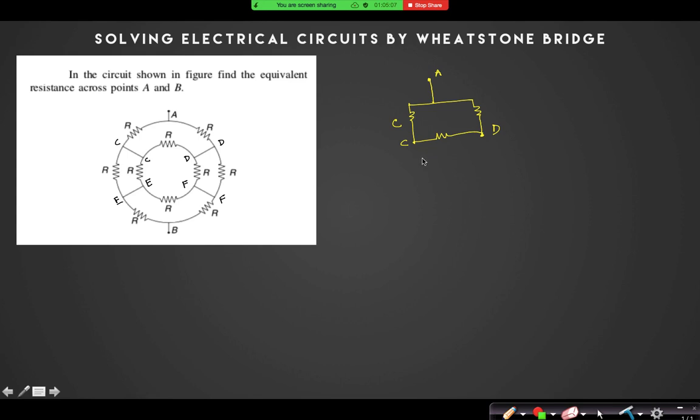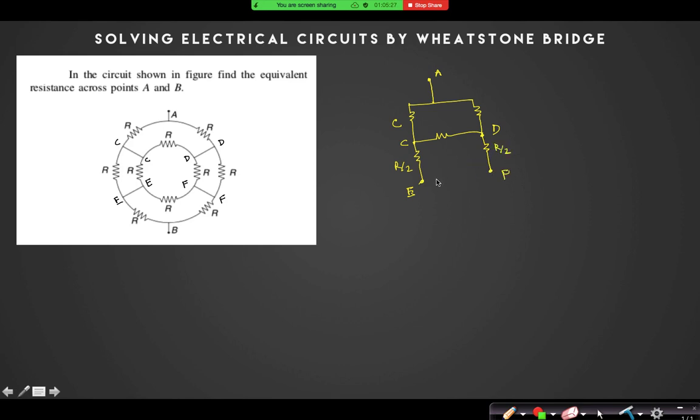Now between C and E, there is R by 2. Similarly, between D and F, there is also R by 2.